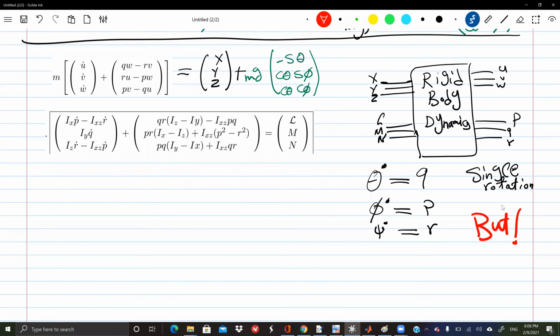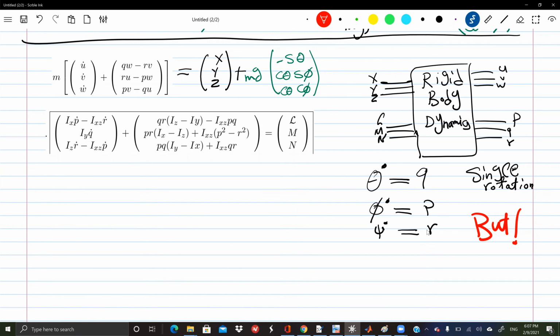We have them combined. All right, so we just said that we have 6 equations in 9 unknowns. So we need 3 equations for the evolution of phi, theta, psi, the Euler angles. And they are nothing but the angular velocities. That's exactly right if we have a single rotation.